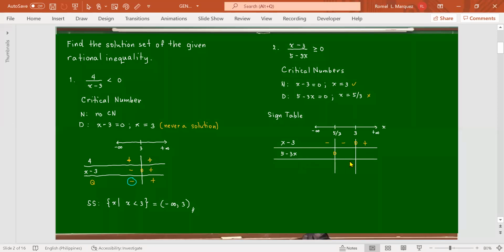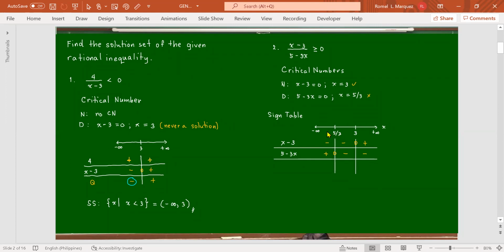What about in the second expression? Where am I going to put the negative signs and the positive signs? To the left, positive or negative? Positive. And to the right, negative. For what reason? Because the coefficient here is negative.